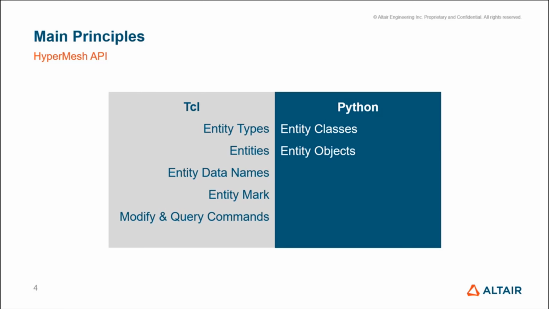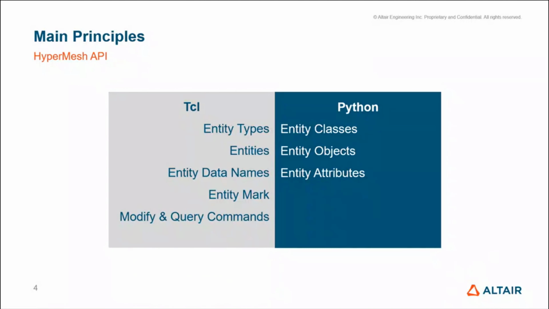Wherever we could, we really tried to focus on that object-oriented nature of Python and take advantage of it and bring some nice functionalities and features based on that to the user. Consequently, if we treat entities as objects, we can then treat their data names as attributes of those objects.